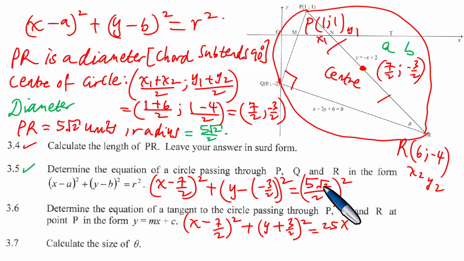You square the square root of 2, it becomes a 2. And you square 2, it becomes exactly a 4. And if you simplify these, 2 goes how many times into 4? It goes 2 times, and this gives us exactly 25/2.